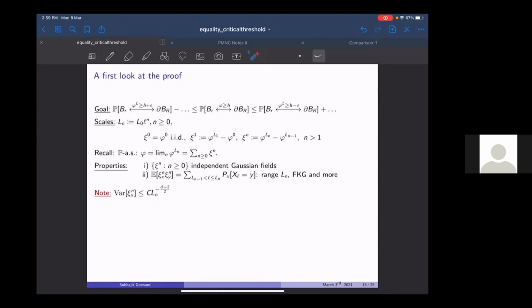Okay. So remember, again, this kind of truncation. So introduce a scale of scales, Ln, which grows geometrically, and write phi L as a sum of the differences. Okay, so the main idea is that you can write phi L as a telescoping sum of the differences of the field in successive layers.